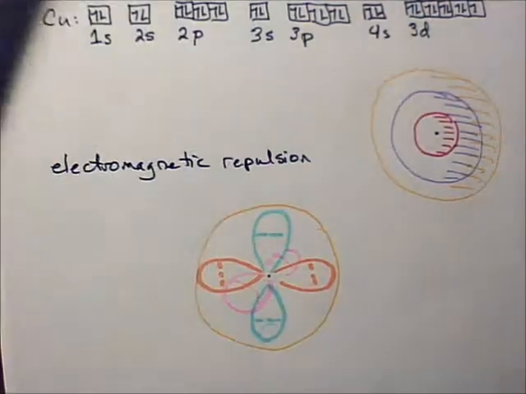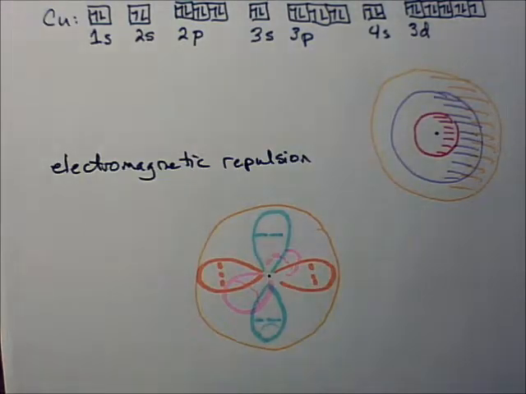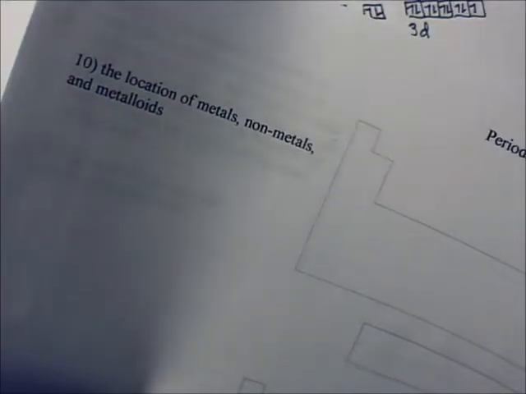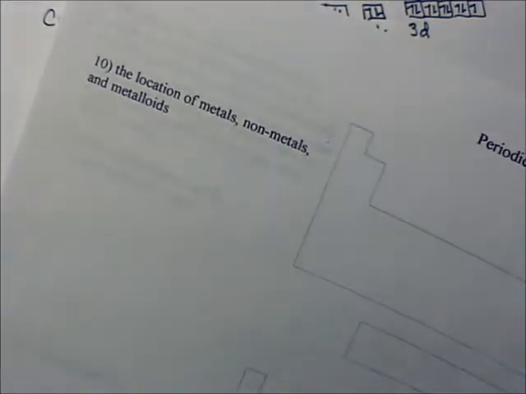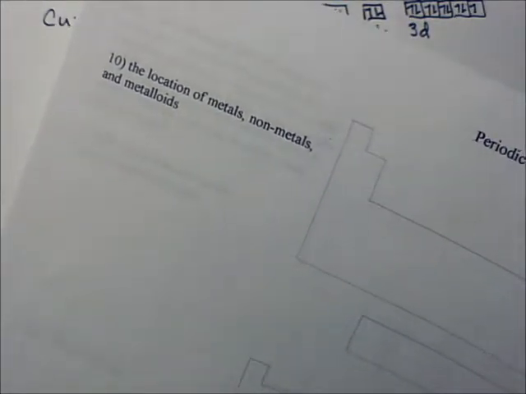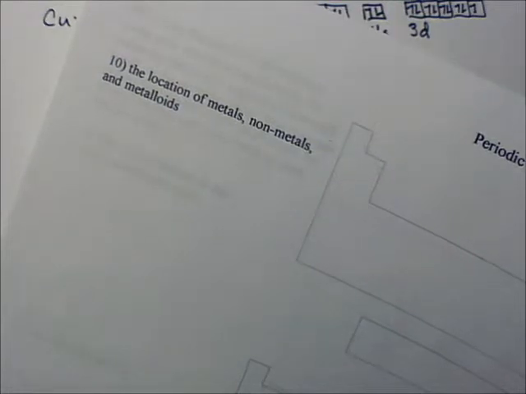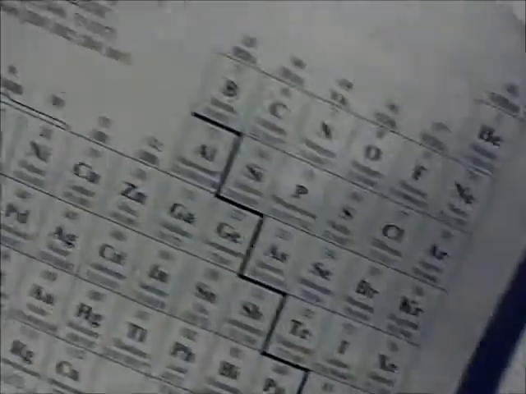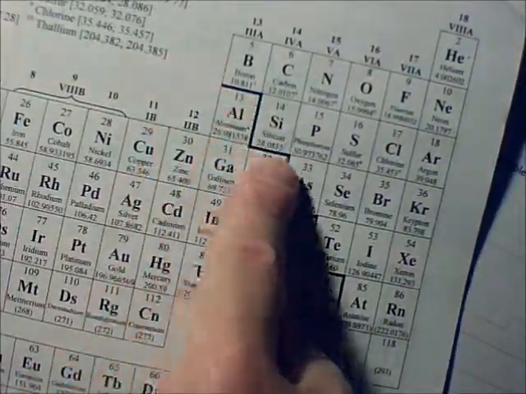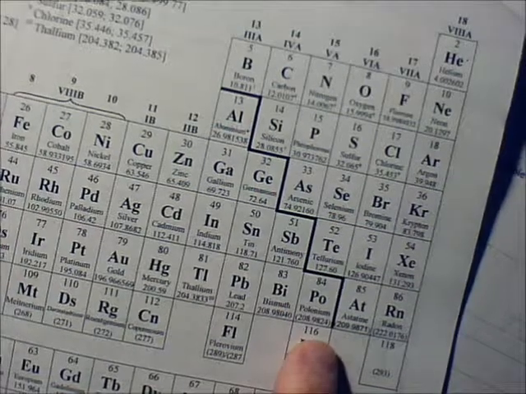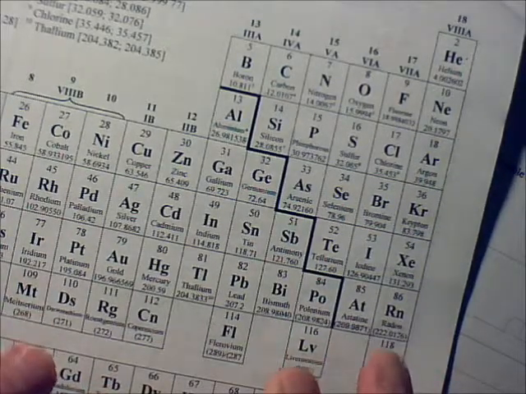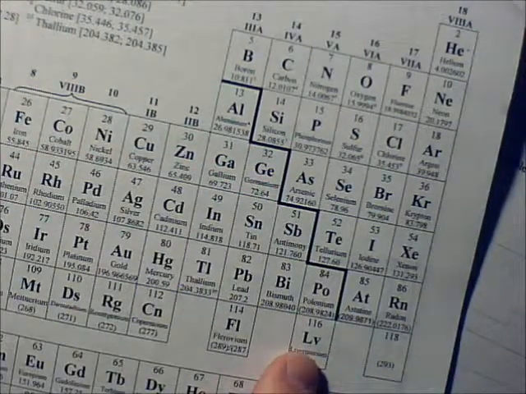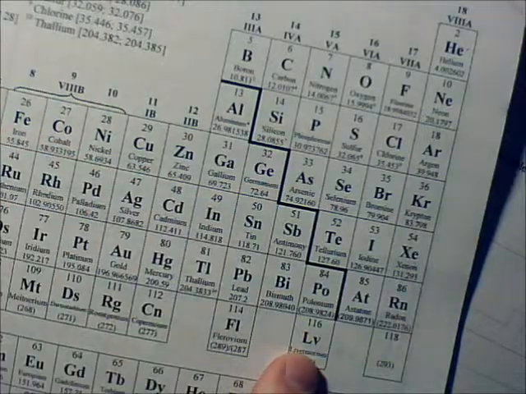And the last one you're going to have to do is the location of metals, nonmetals, and metalloids. You probably did that in physical science, or at least you were taught about that in physical science. If you look on your main periodic table, this stair step right here that I gave you in your handout and your test references, if it's on this side to the left, all of these are metals.